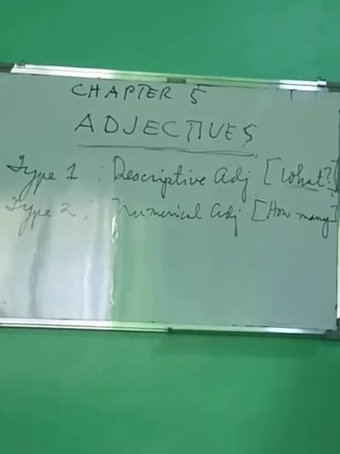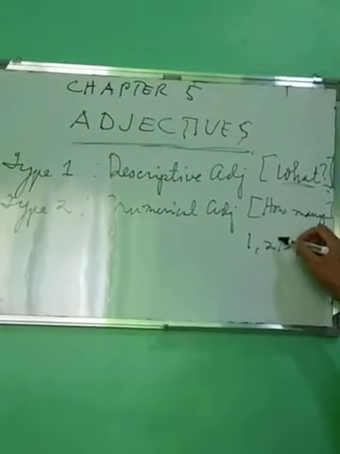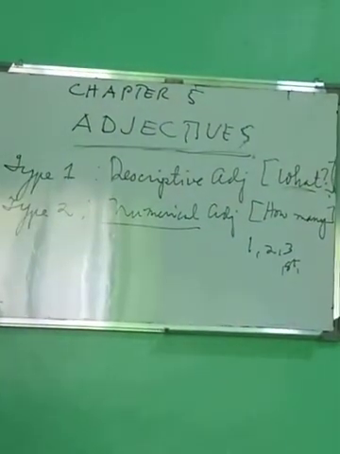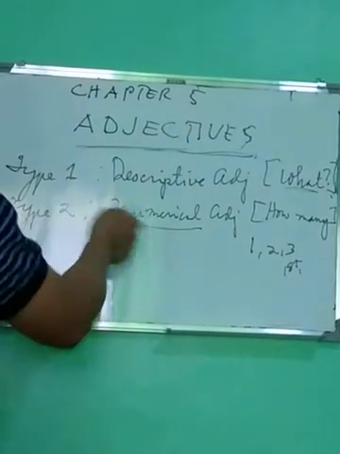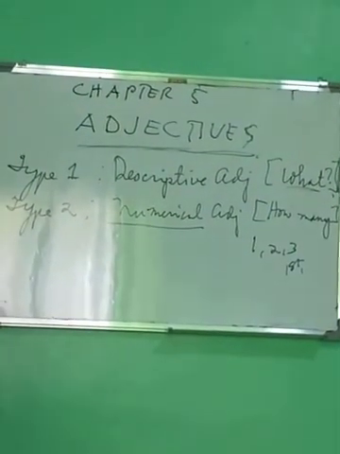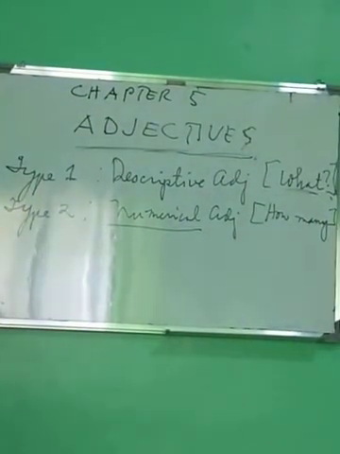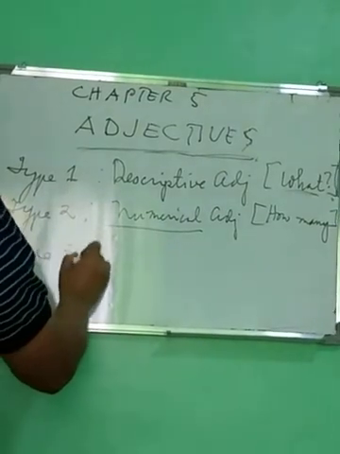It could be many, several, or even one, two, three, or even first, second, third, etc. Numerical. Basta you are talking about number. Or it could be many, plenty, etc.